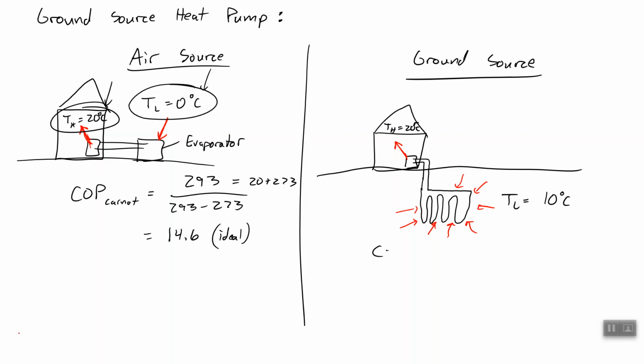Okay, so now if we do our Carnot heat pump calculation for these new temperatures, then we get 293, which is 20 degrees, divided by 293 minus 283.